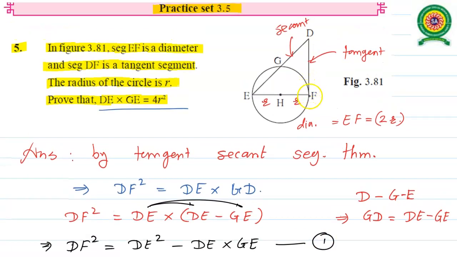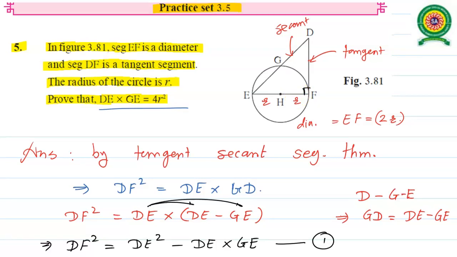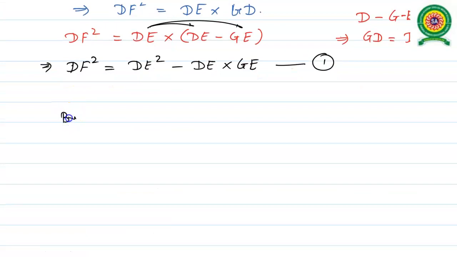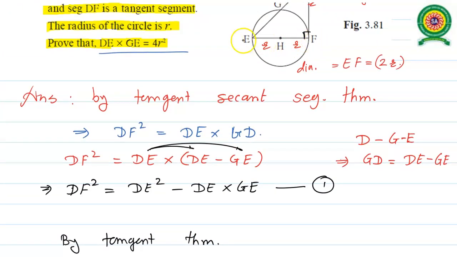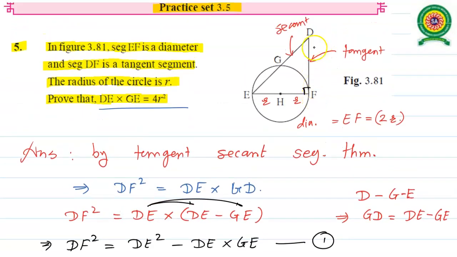Now we well know tangent is always perpendicular to the radius of the circle as per the tangent theorem. So I am writing by tangent theorem, once EH and EF are collinear points, instead of writing radius as HF, now I am writing EF is perpendicular to DF, or we may say tangent is perpendicular to radius.